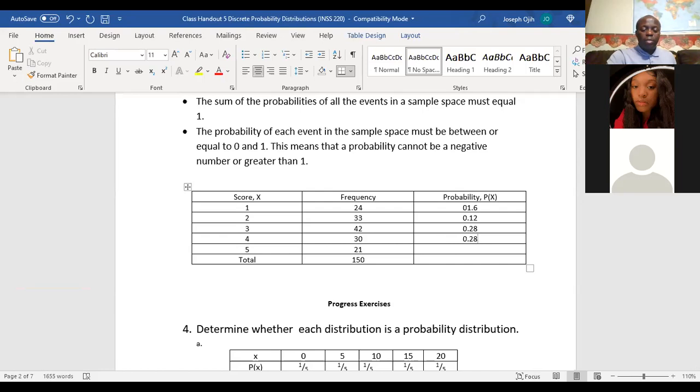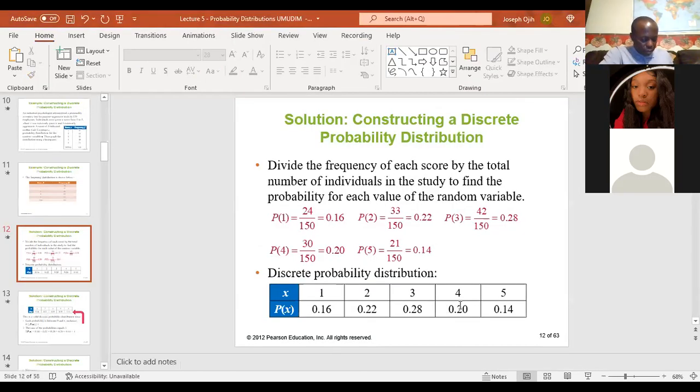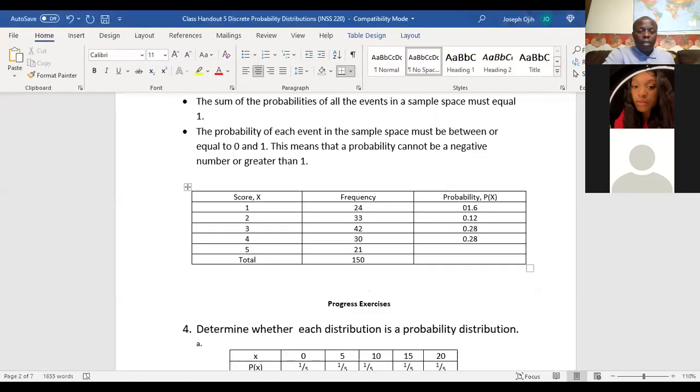Let me check something here. For 4 it is 0.20, and for 3 it is 0.28.